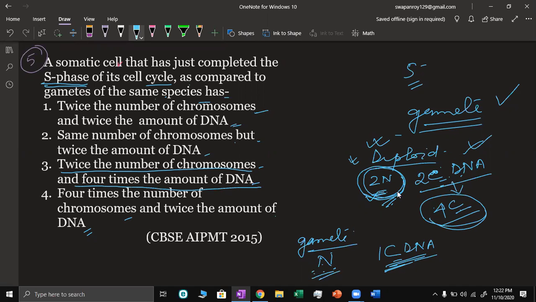The cell which has already completed S phase will have the diploid number of chromosomes and 4 times the amount of DNA. So our answer is option number 3.